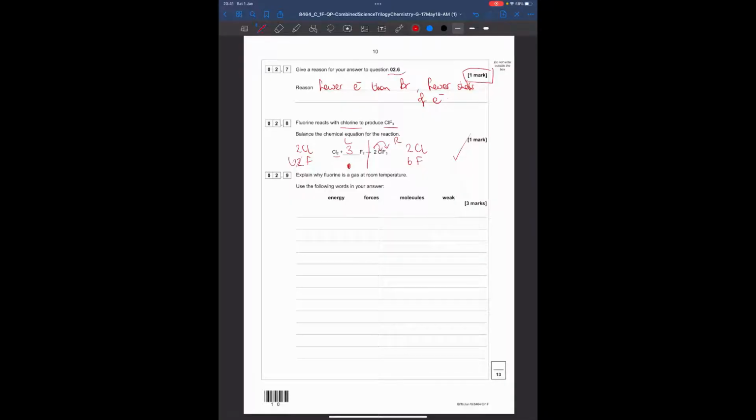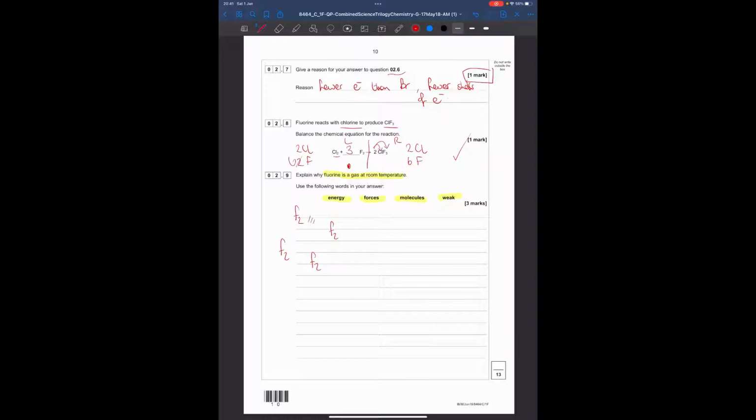Question 2.9. Explain why fluorine is a gas at room temperature, and we need to use the words energy, forces, molecules, and weak. So, we know that fluorine is a gas at room temperature, so we can imagine it as F2 floating about in the air.